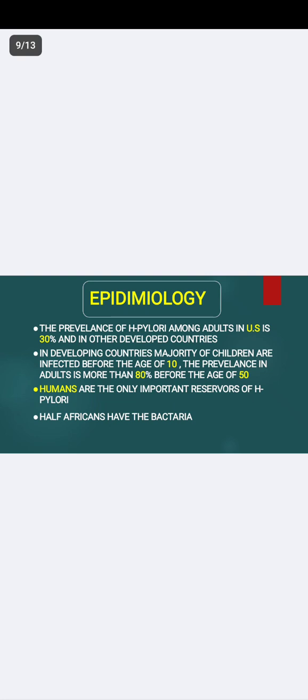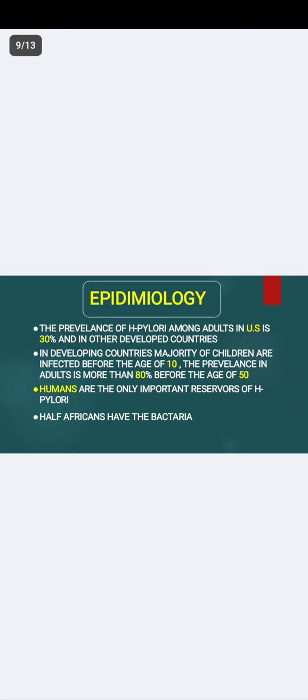In developed countries, the majority of children are infected before the age of 10. It means जो तरक्की पज़ीर ममालिक हैं इनमें ये ज़्यादातर 10 साल से कम उम्र बच्चों को इन्फेक्ट करता है. The prevalence in adults is more than 80% before the age of 50.